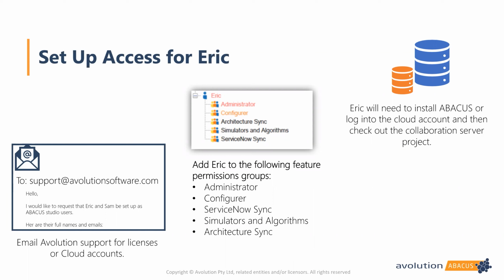So we're going to need to add him to the following feature permissions groups: configurer to be able to configure the meta model, administrator to be able to administer users and permissions, as well as ServiceNow Sync to enable setting up ServiceNow Sync and running that, and simulators and algorithms to be able to do visual algorithms and the out-of-the-box simulators such as financial and complexity, as well as architecture sync to enable syncing between architectures. And as with any Studio user, he'll need to install Abacus or log into the cloud account and then check out the collaboration server project.